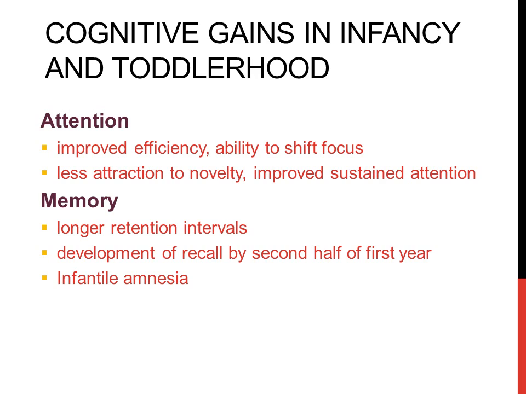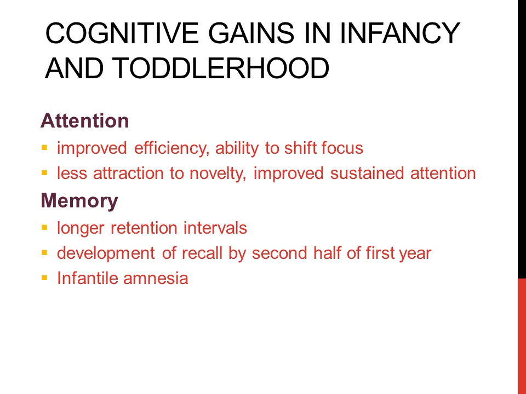At being able to shift from one object to the next. They're also less attracted by novelty, so that means new things, new objects. And they can pay attention to things for slightly longer periods of time. Remember that attention is a particular cognitive capacity that will continue to grow well into adolescence and into adulthood also.